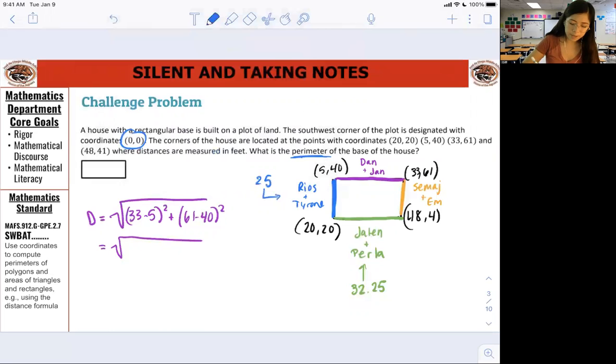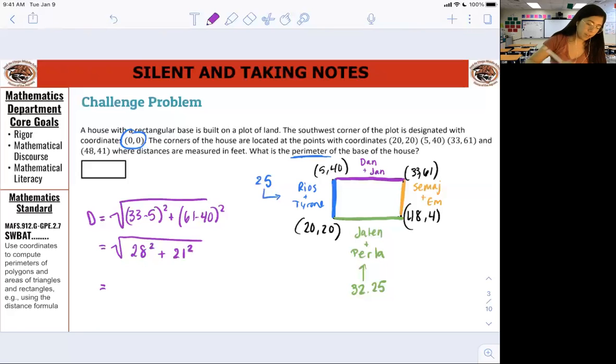Okay, so anyways, back to this problem. So we got 28 squared. And then Daniel, you should be paying attention because this was your problem. And we're trying to figure out who got it right, who got it wrong. All right, 61 minus 40 gives me 21, good. So 21 squared. All right, 28 times 28.